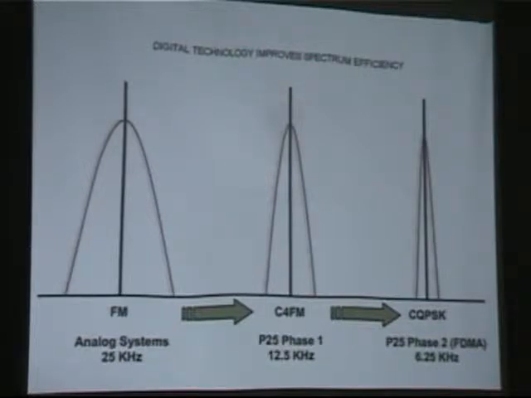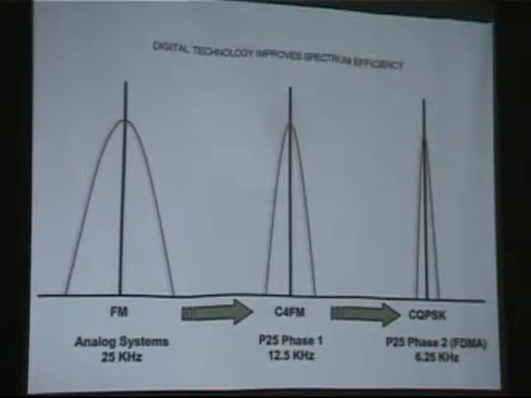The commercial world has all been forced by the FCC to achieve half the utilization, or narrowband, which is 12.5, and then there's some interest by the FCC in going to a 6.25 utilization, which would give you 4 times as many conversations in the same amount of spectrum that one traditional, now known as wideband type radio, would use.